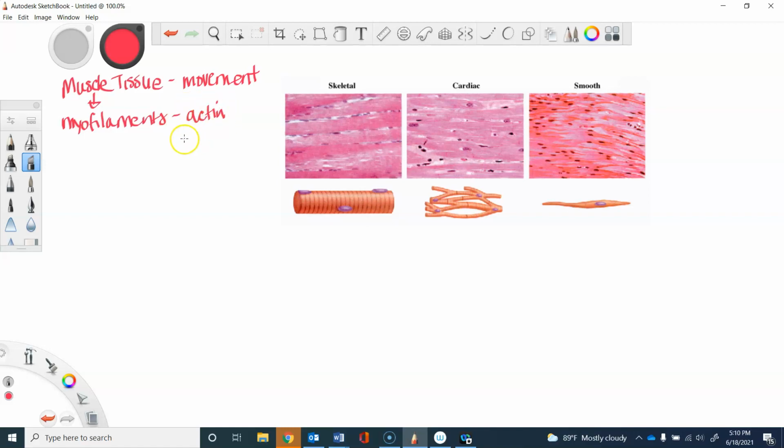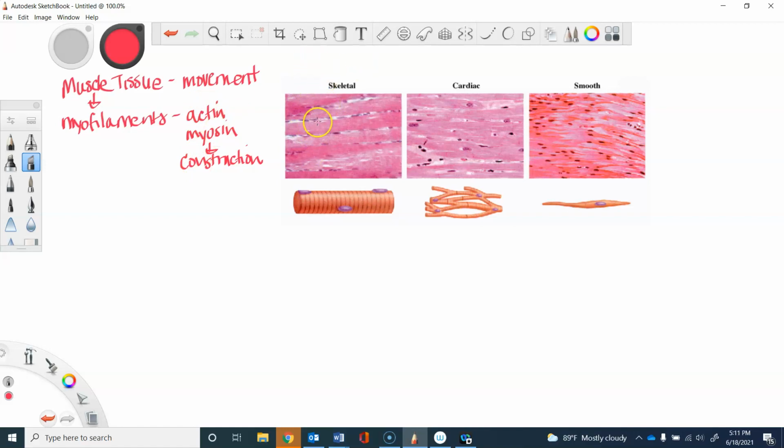One of them is called actin, and the other one is called myosin. And when those two proteins that are in the muscle tissue interact together, they create contraction. So these are the contractile fibers that allow for your muscles to move, muscles to shorten or contract.